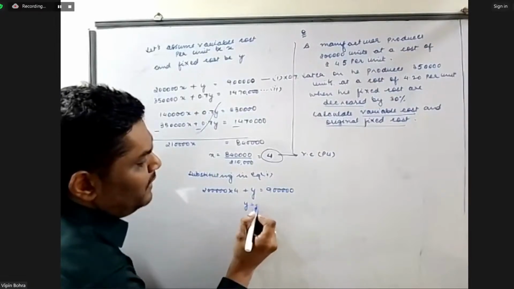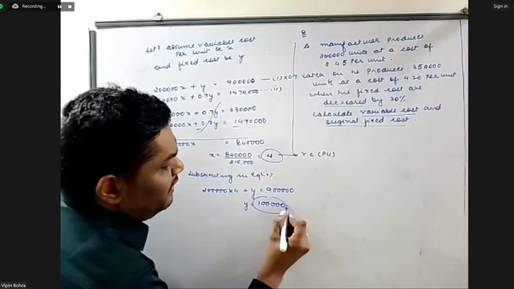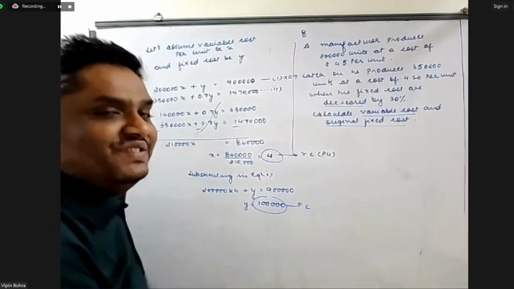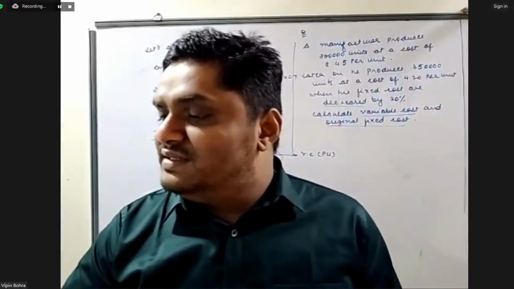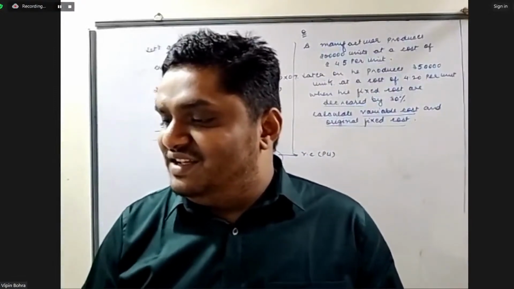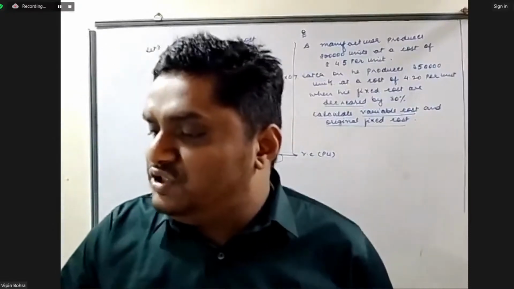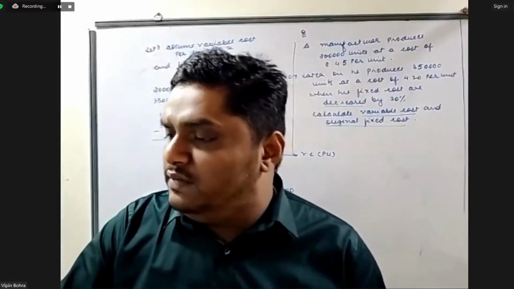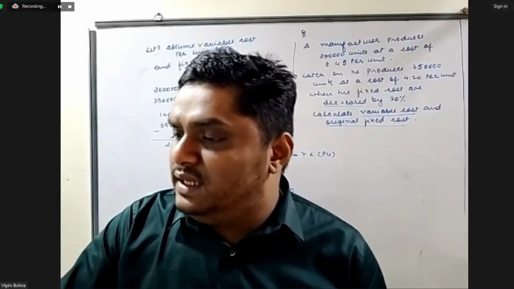So my Y will be 1 lakh. That is my fixed cost. So this is the correct answer. Shivranjini, please. Very good. So I got correct answer from Shivranjini and Manohar Yadav. Rest all answers, rest everyone answer is incorrect.